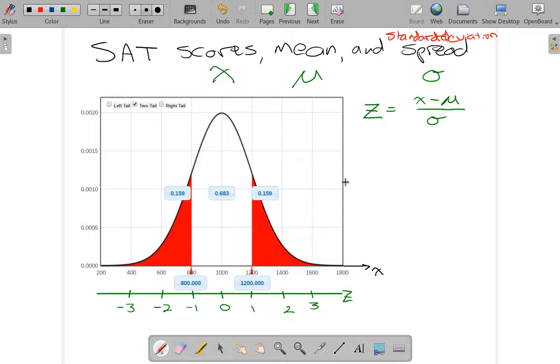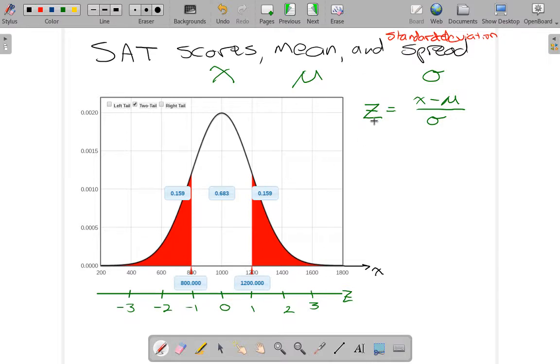They calculate the average spread. It's kind of complicated, but one way to look at it is about 68% of people that take the SAT should be within 200 points of the average. So if the average is 1,000, 200 points below would be a score of 800, 200 points above would be a score of 1,200, and the College Board expects about 68% of people to fall within that spread right there.